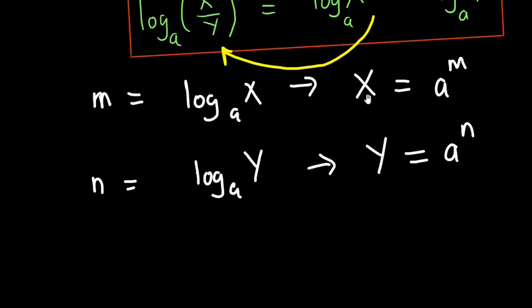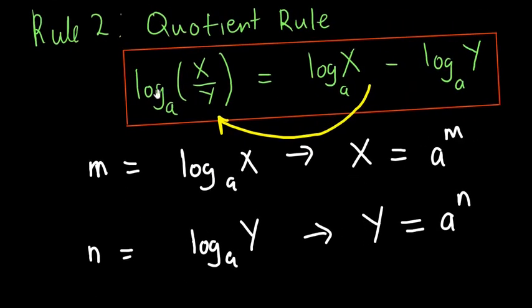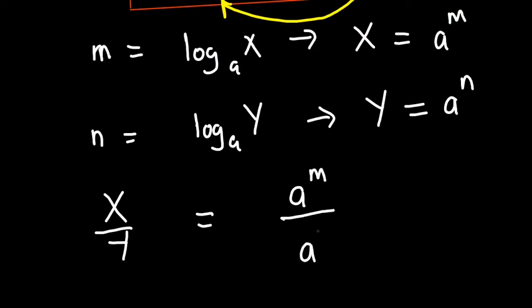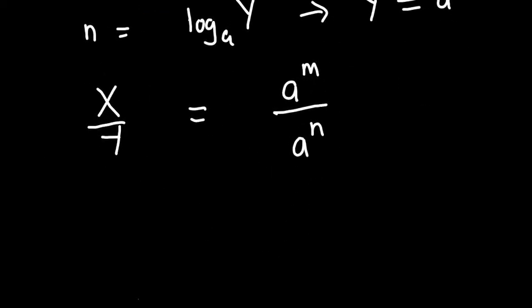Now we have x and y, and from this equation we are dividing x and y. So we are going to divide x over y, which is the same as a to the m over a to the n. Since we are dealing with exponents, we apply the laws of exponents.